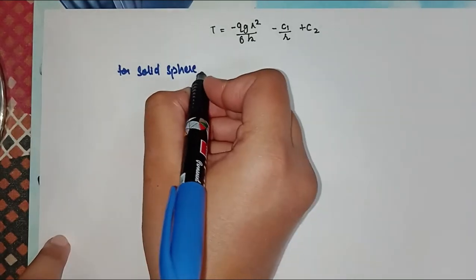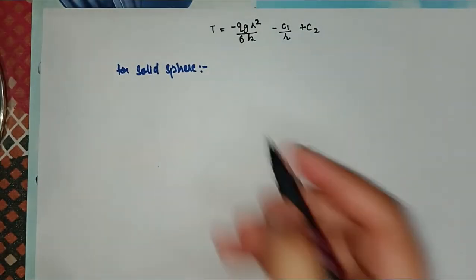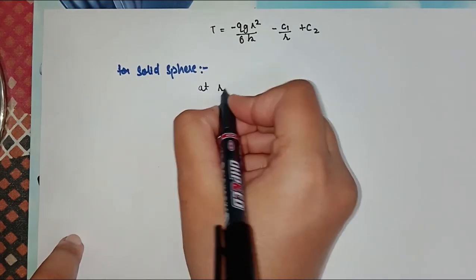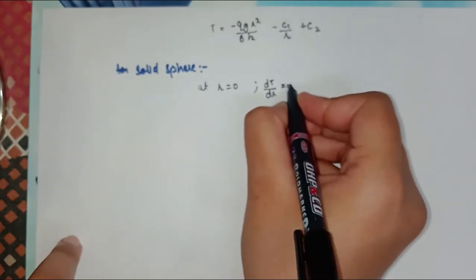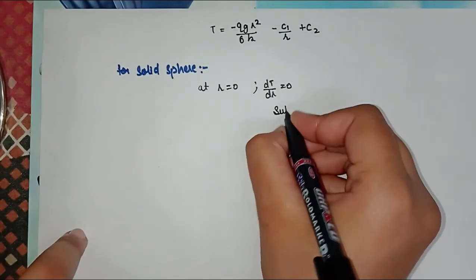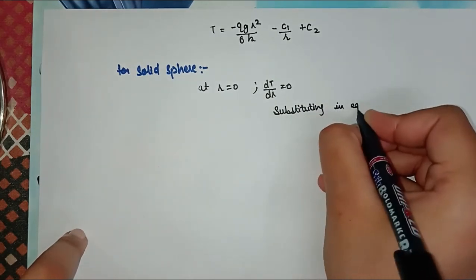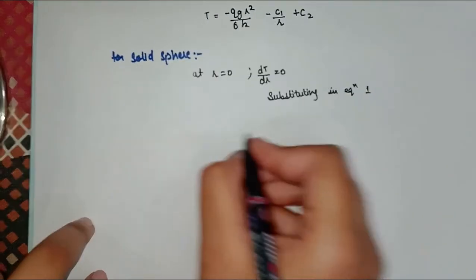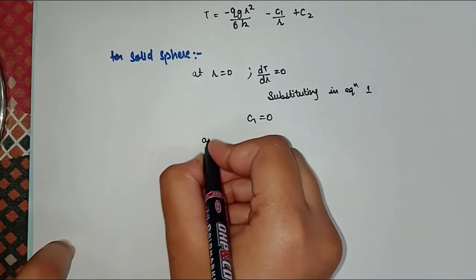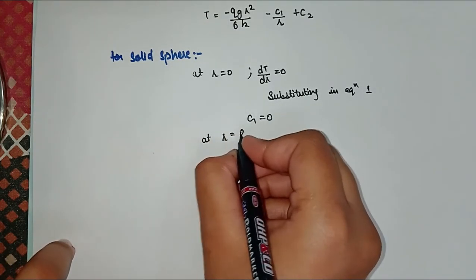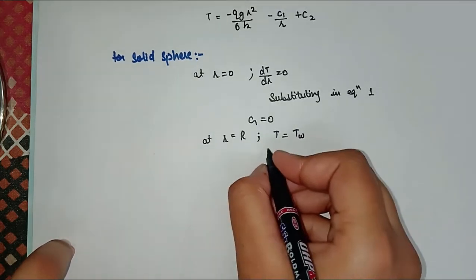Now in case of a solid sphere, the boundary conditions would be at r equals 0, dT/dr will also be 0. Now substituting this in equation 1, we will get c1 equals 0. Now at r equals capital R, T equals Tw.